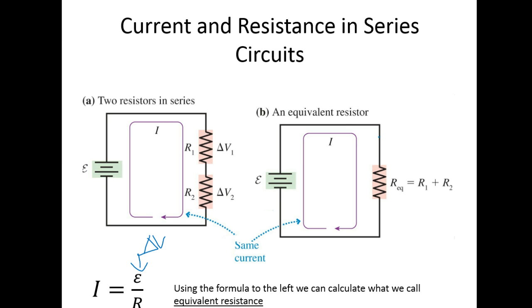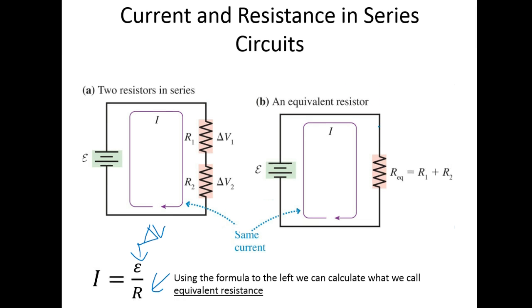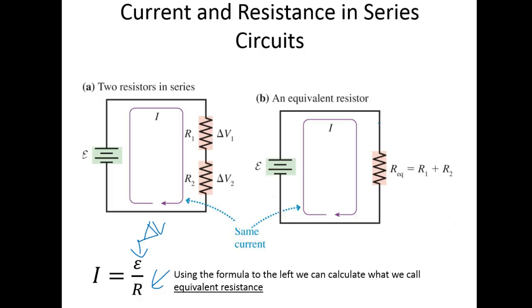If I have 2 resistors in series, to get the total resistance, which is what I use for Ohm's law, all I need to do is add the resistance of each resistor and treat it like one.